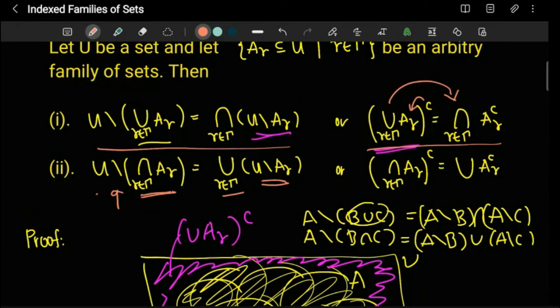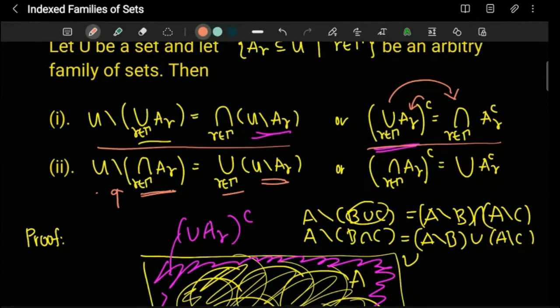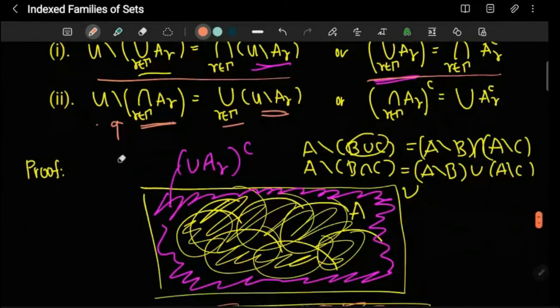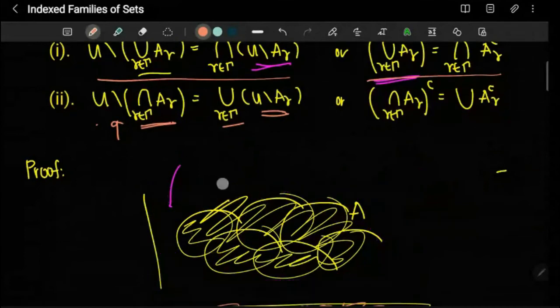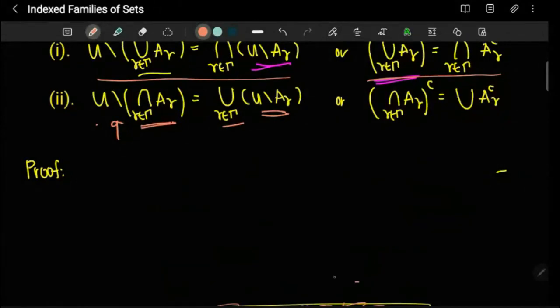Yung union, pag kinomplement mo, magiging complement ng kada isa, then you get the intersection. Yung intersection, pag kinomplement mo, then ang gagawin mo, i-complement mo kada isa, and then get the union. Alright. So, let's prove the first one. So, this is just the extension of the De Morgan's rule.